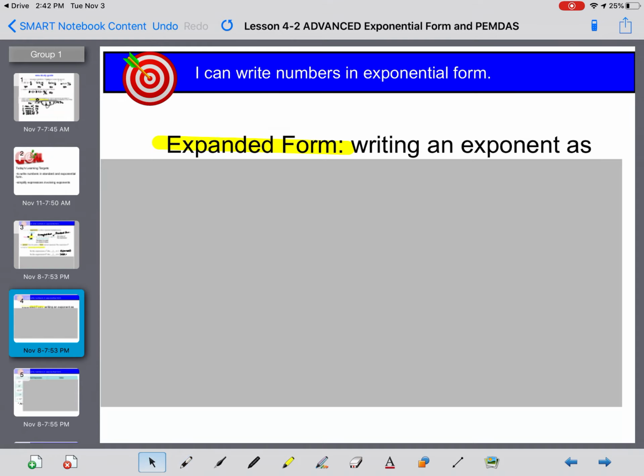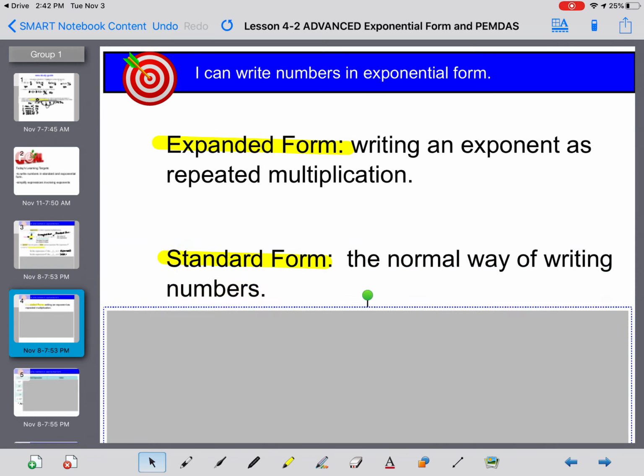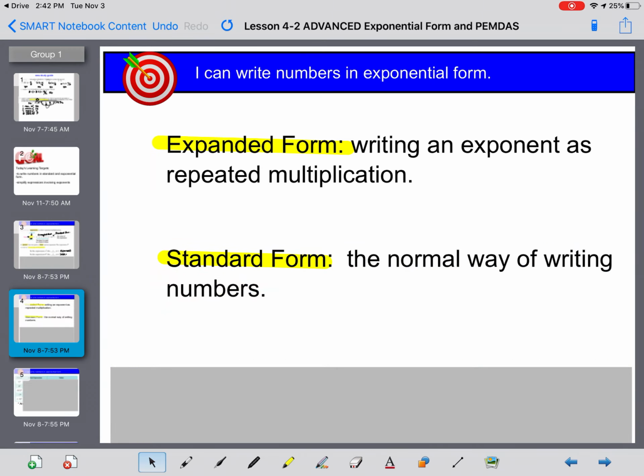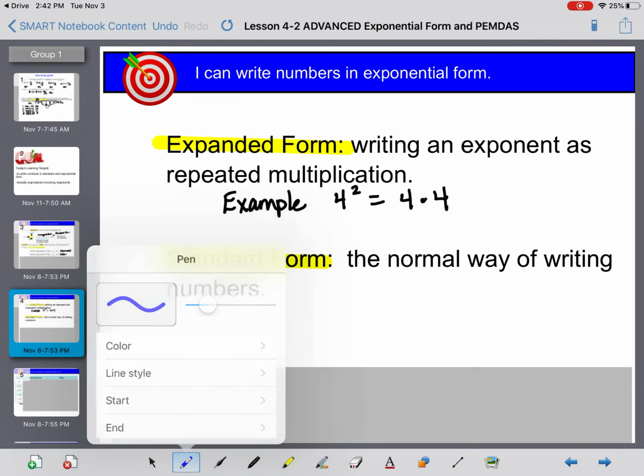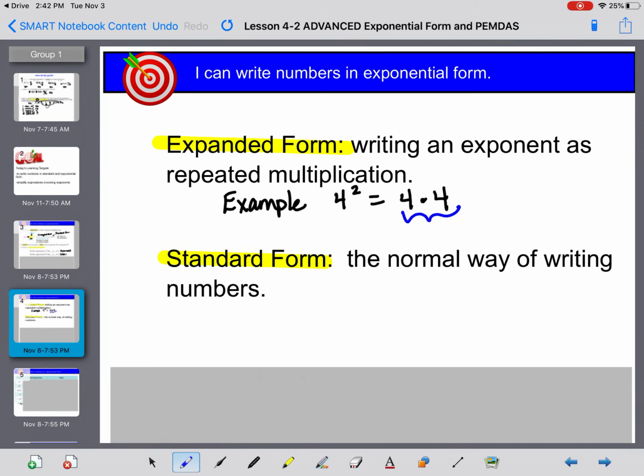So let's write down the definitions for the words expanded form and standard form. Expanded form is writing an exponent as repeated multiplication. So let's include an example. 4 to the 2nd power is 4 times 4. This is expanded form.